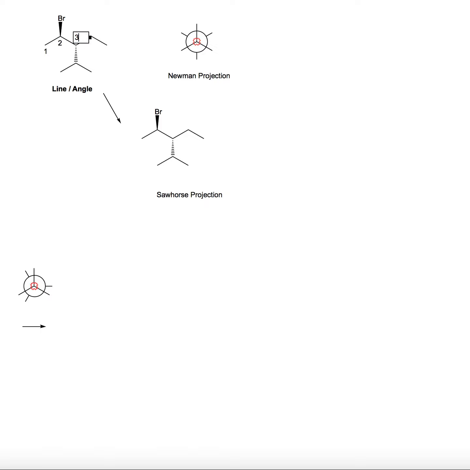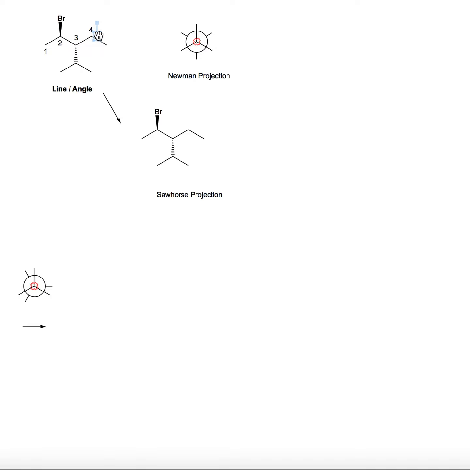The longest chain gets a number, and obviously that chain will have two ends, so you have to decide which end will be number one, and that is based on the substituents on this chain. You always want the substituents to have the lowest combination of numbers possible. In this case, I am numbering the carbons as I just showed here: 1, 2, 3, 4, 5.